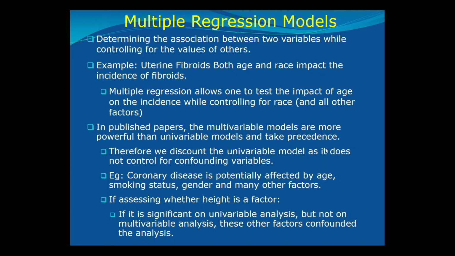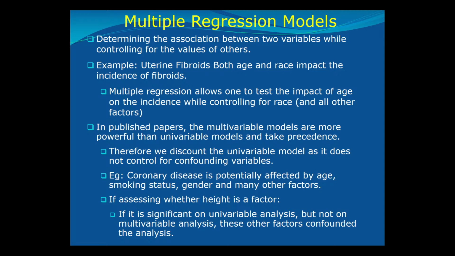Multiple regression models. If we have more than two variables, we should use multiple regression models. We use multiple regression models to determine the association between two variables while controlling for the values of others.